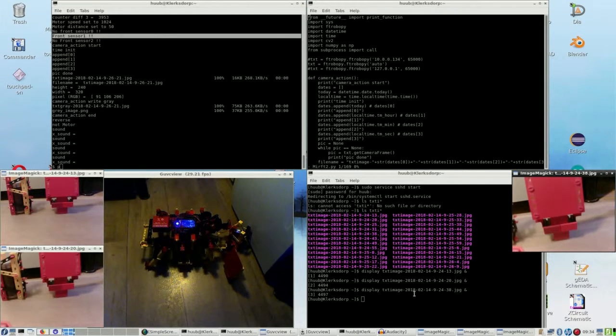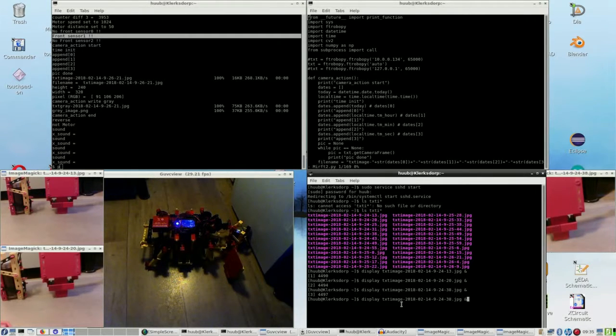Yeah, a stronger version. And this is the camera tripod, by the way, or one of the legs anyway.